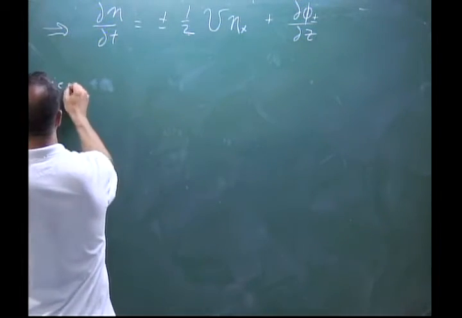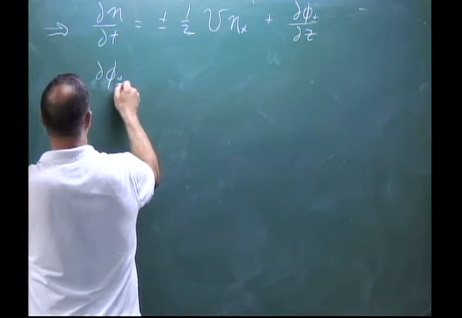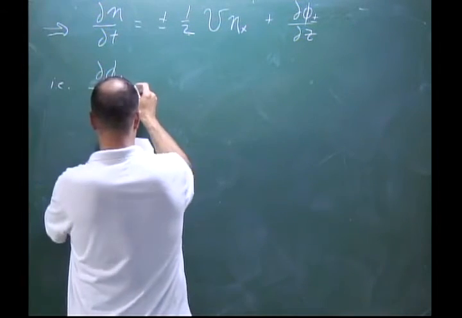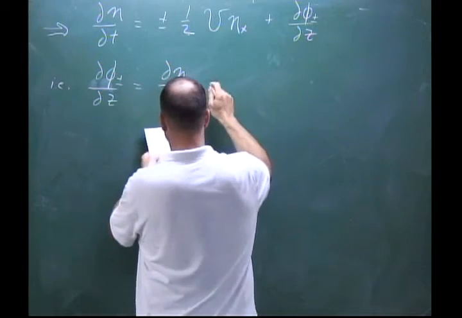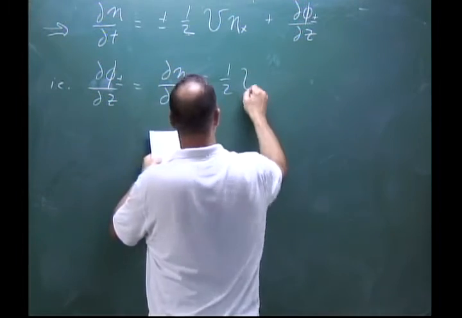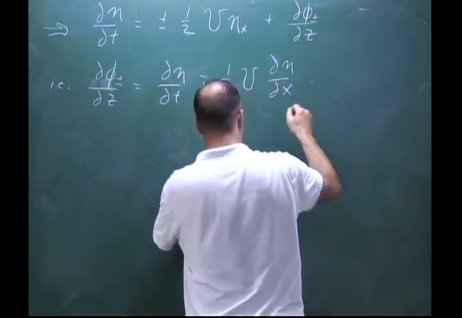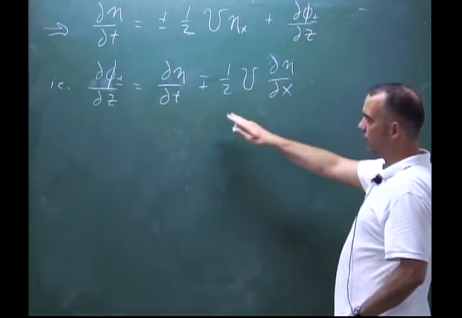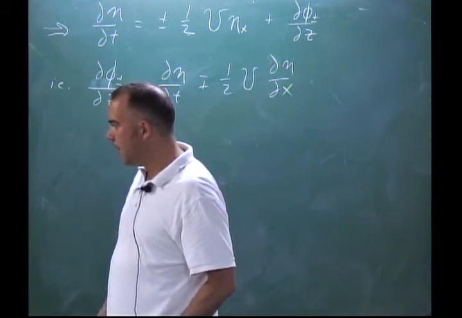Okay, and so we can rewrite this: d phi dz equals d nu dt, minus plus 1/2 u d nu dx. So this is now the kinematic boundary condition. Okay? And this is true at the interface.